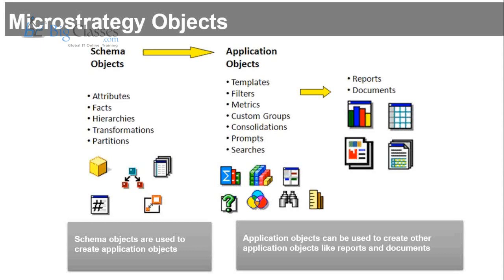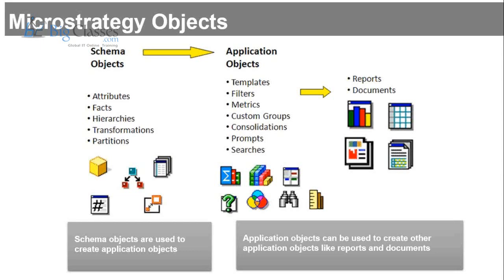Once the schema objects have been created, they are used to further create the application objects. You can call them application objects, or you can call them public objects. Under the public objects, we have templates, filters, metrics, consolidations, and so on. Application objects, or the public objects, are created using the schema objects.